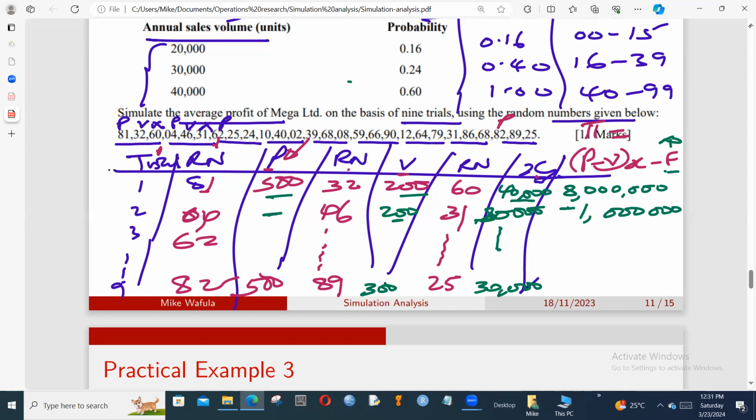So the last iteration, what do we have? 2 million. So we can now get the total profit by summing all those.